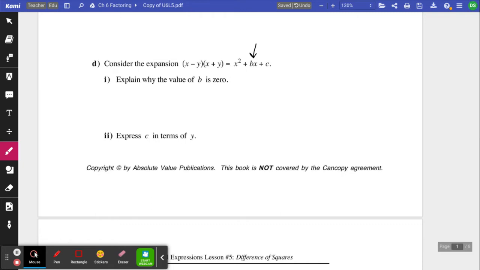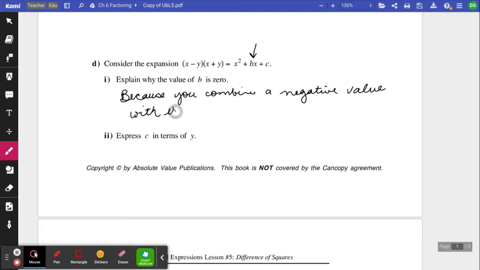Okay, because you will be combining a negative value with the same positive value, which equals 0, right? You know what I mean? You have a -6 and a +6, or a -18 and a +18, or -2 and a +2. That'll always give you 0.